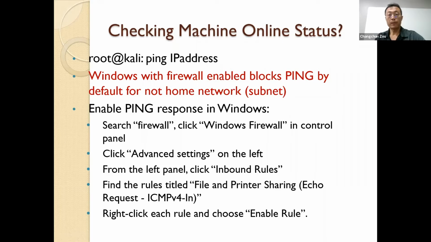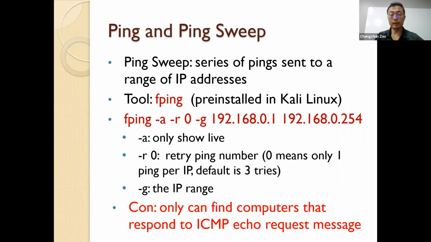Okay, so the first scanning tool is related to ping, but it's called fping. It's a ping sweep. Basically, if an attacker does ping one by one, they can only ping one IP address at a time, but that's too inefficient.